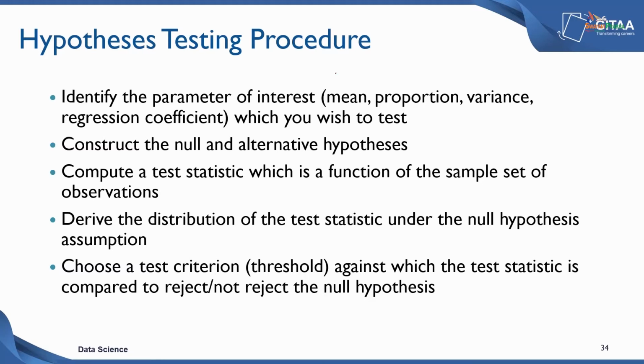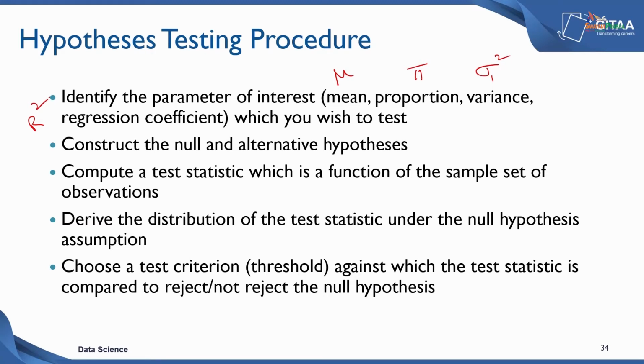Are you testing averages, or proportions, or do you want to test whether the variance of one group is different from the other group, or do you want to test the regression coefficients or the regression equation, whether that is represented over the population or not? The parameter of interest determines the type of test that you do, and you need to be very clear on what it is that you're testing.